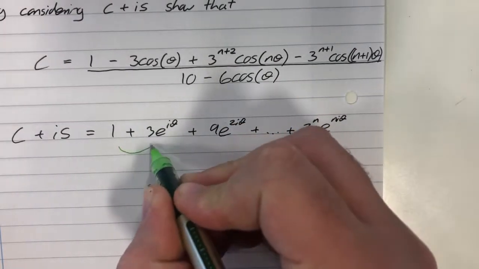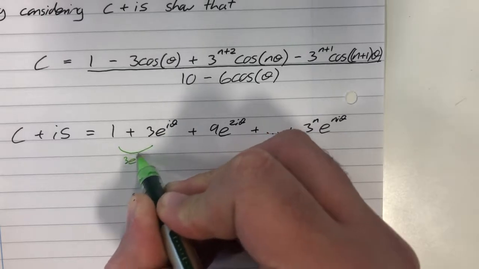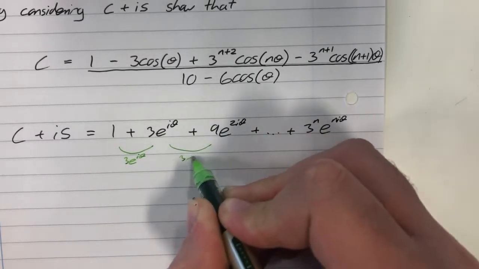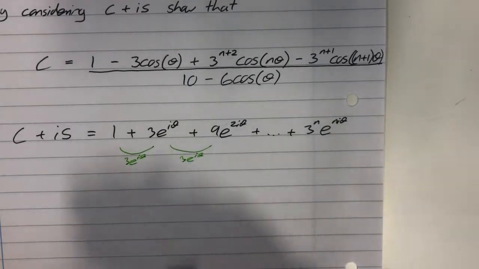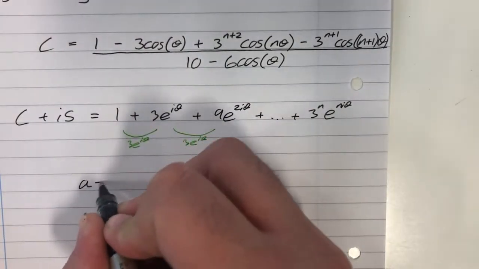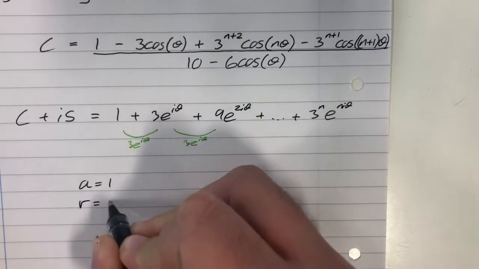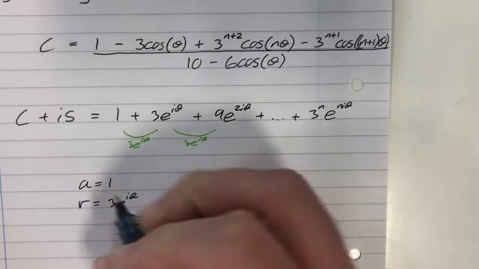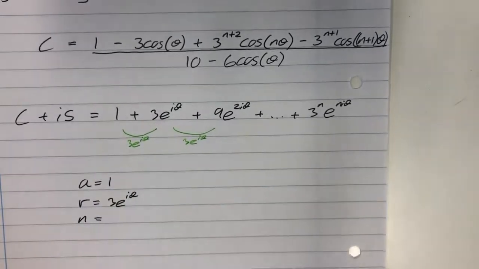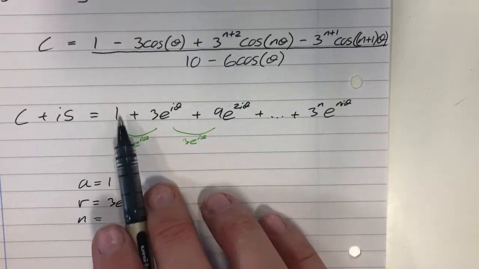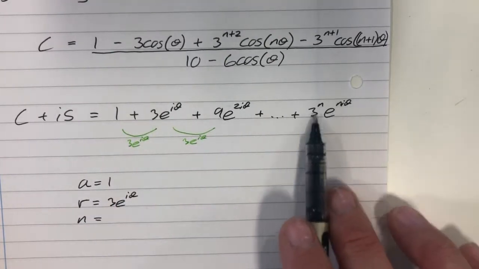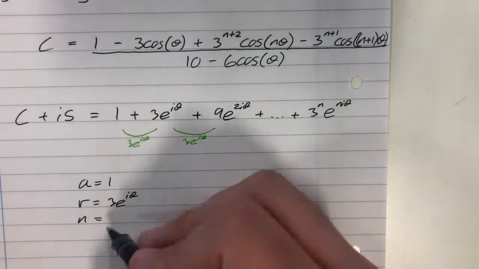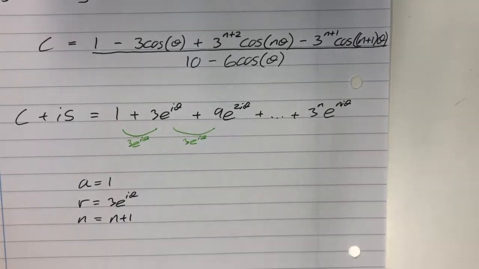And the common ratio is 3e to the i theta, and so on. So therefore a equals 1, r equals 3e to the i theta, and n, the number of terms, is actually equal to n plus 1, because this term here requires n to be 0. And we have the nth term over here. So actually there's n plus 1 terms in this series.